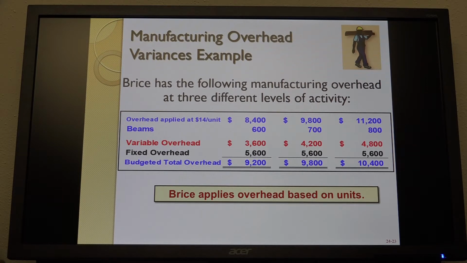That's determined by a couple of ways. Certainly dividing 3,600 into 600 equals $6. 4,200 into 700 beams is $6, and 4,800 into 800 is $6 as well. And then, of course, fixed overhead doesn't change.